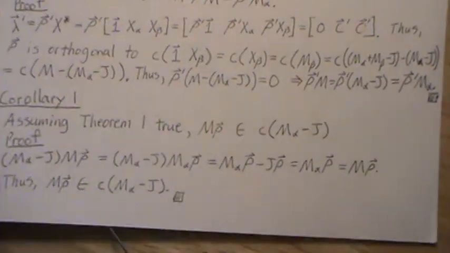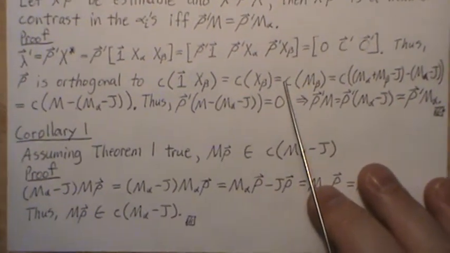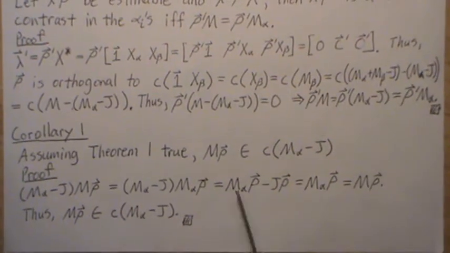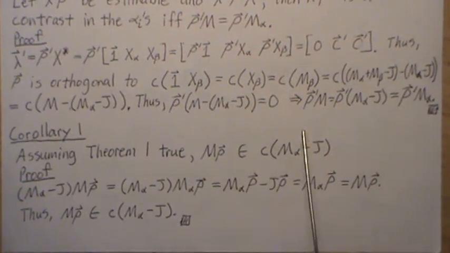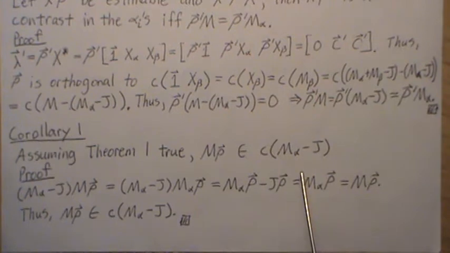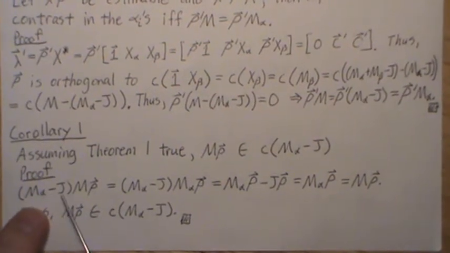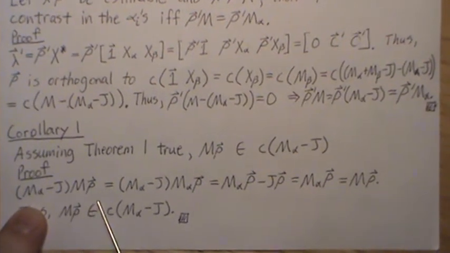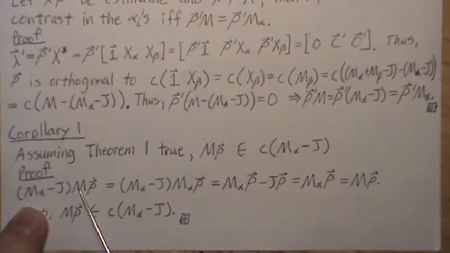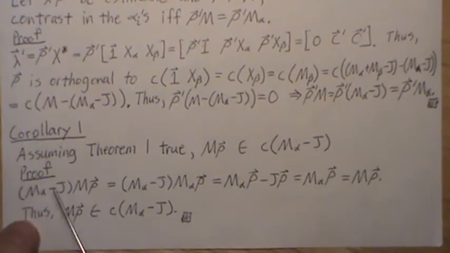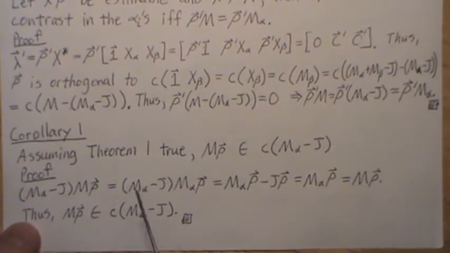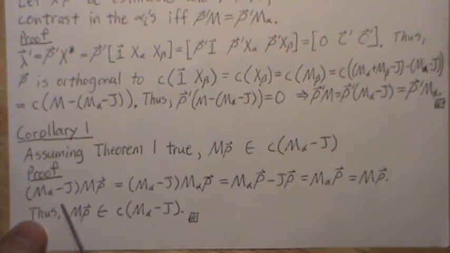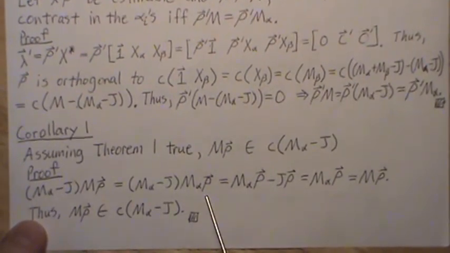Okay, so a corollary to this: let's assume theorem 1 is true, then M rho lives in this column space. Okay, that's going to be significant in a second. So first, let's take the perpendicular projection matrix onto the column space and pre-multiply M rho, right? So we know that it's going to take this and shove it down into this column space. So let's multiply that out.